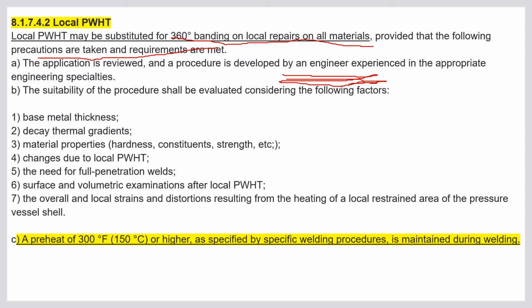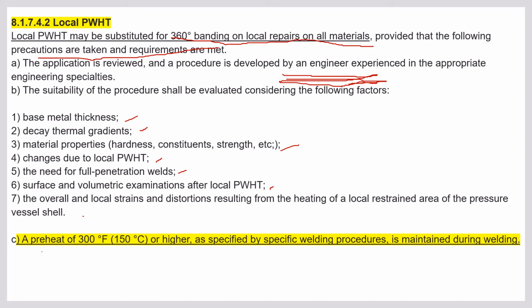The suitability of the procedure shall be evaluated considering the following factors: base metal thickness, thermal gradients, material properties, and changes due to local PWHT. If you follow all these things, and the procedure is developed and reviewed by the engineer, then we can avoid the full PWHT.